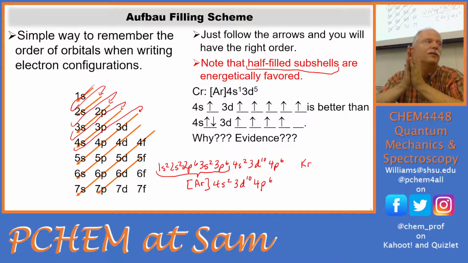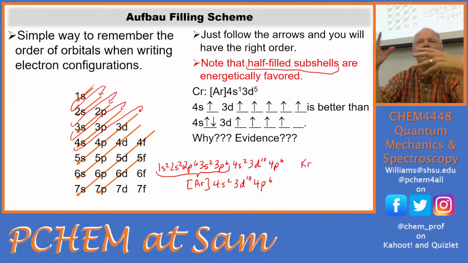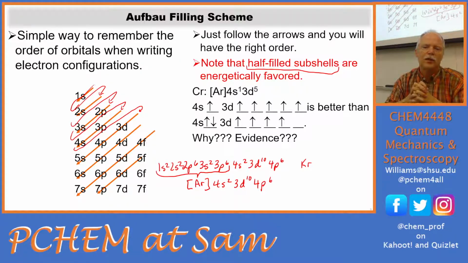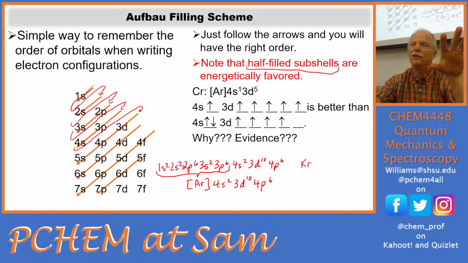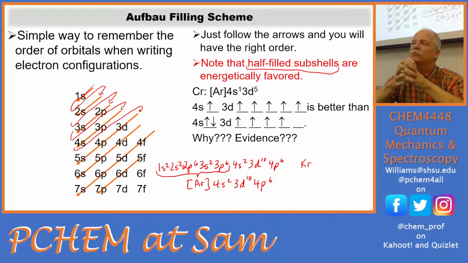Fully filled subshells are stable too, because electron correlation has some role to play in a fully filled subshell. But if we were to move that 4s electron over to the d orbital, we'd have a half-filled d shell and a half-filled s shell. So we have two half-filled shells compared to a fully filled shell and then nothing really particularly interesting with a d4. So if we can get two half-filled subshells, that's wonderful.